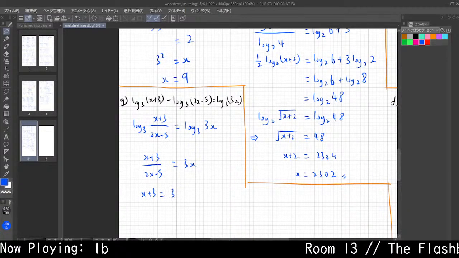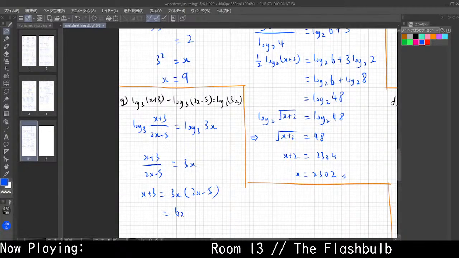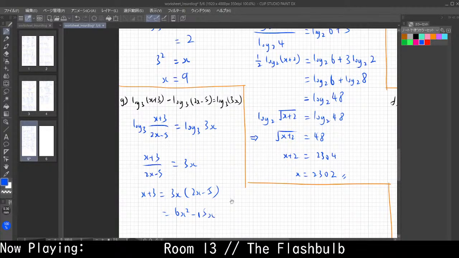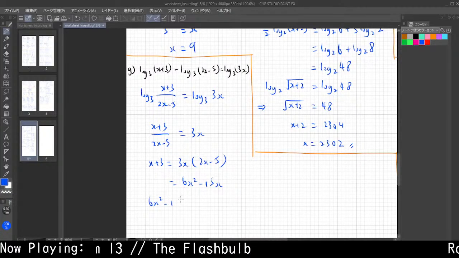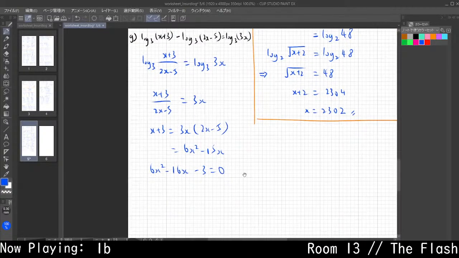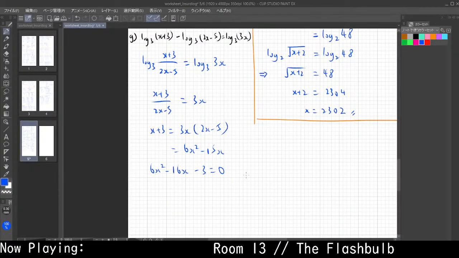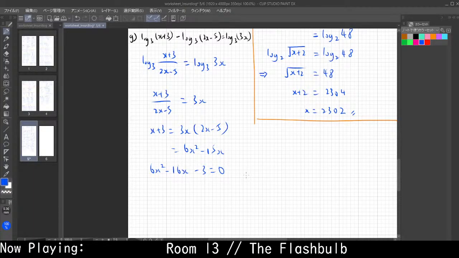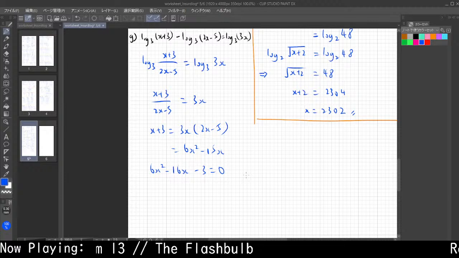So calculate out: 2x minus 5 moving over, expand. Bring over x, it becomes negative 16x minus 3. Cannot simplify anymore, calculate out. Also not factorizable, unfortunately.